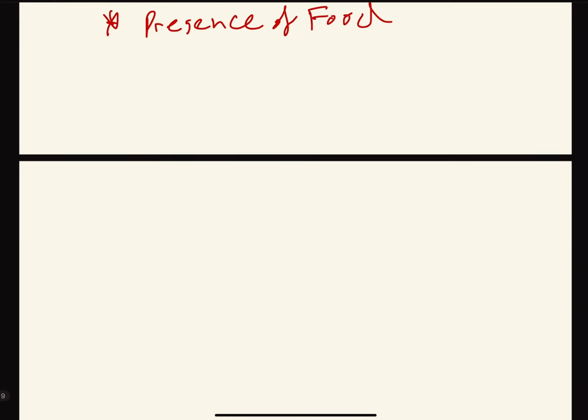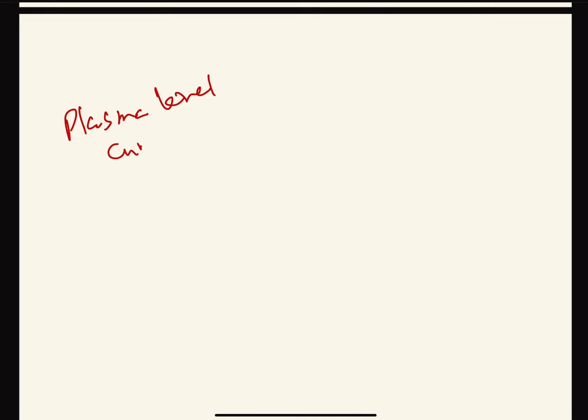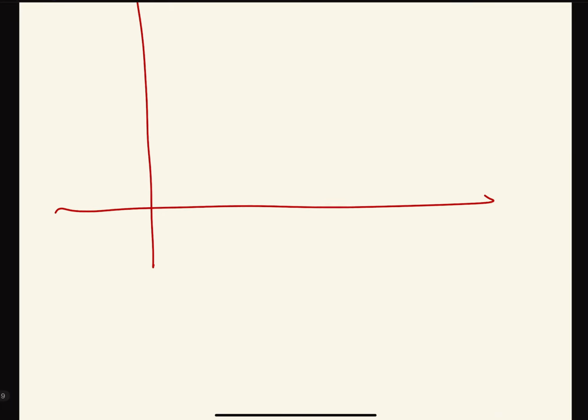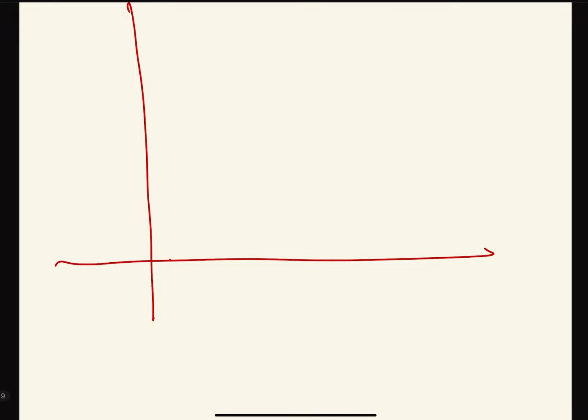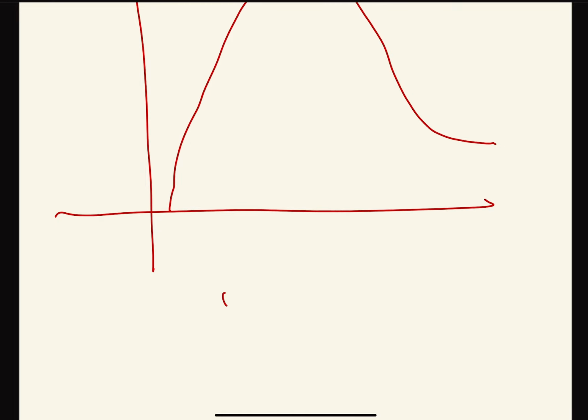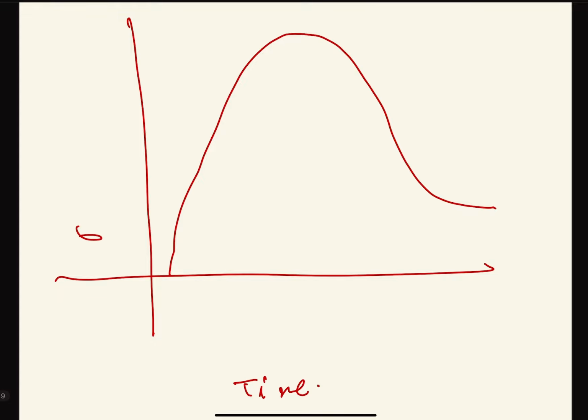Here I want to describe a plasma level curve of drug absorption. You can appreciate this curve: in the x-axis we give time, and in the y-axis we give plasma drug concentration.